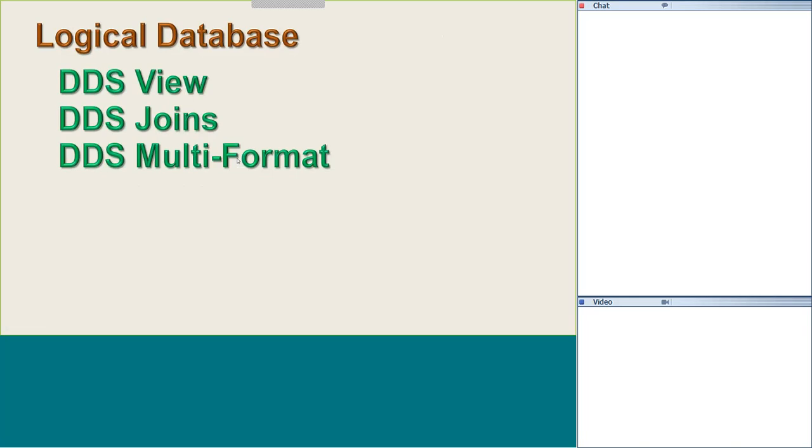You could define and describe DDS views, which was a one-on-one relationship to a physical file. It allowed you to change the viewing sequence. It allowed you to change the record content. It allowed you to concatenate and substring variables, so that you could look at one single physical file from a different sequence with a different number of records. That was the DDS view.